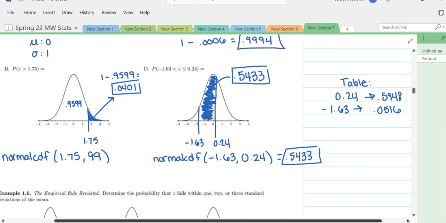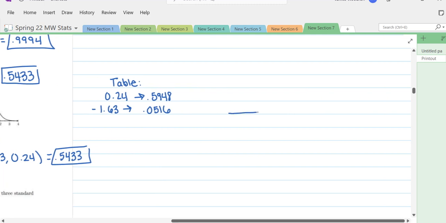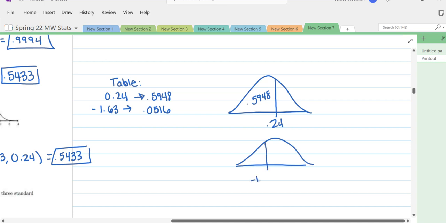Because here's what this is actually giving you in the table. Okay, so let's say this is 0.24. This is the 0.5948 here. And then this is negative 1.63. It's giving you both of these values. If you want the one in between them, you're subtracting that out, because you want to subtract the 0.0516 so that you're getting this here, the remaining value.